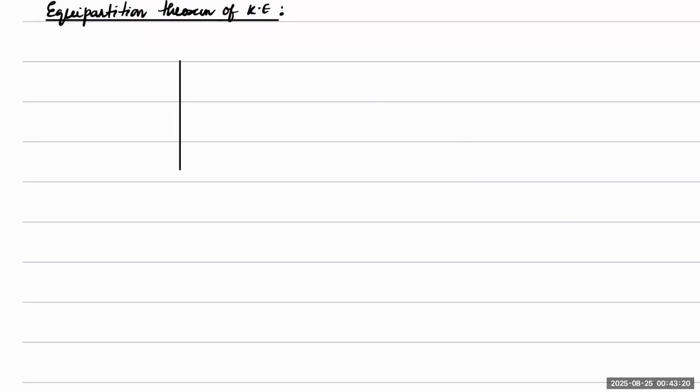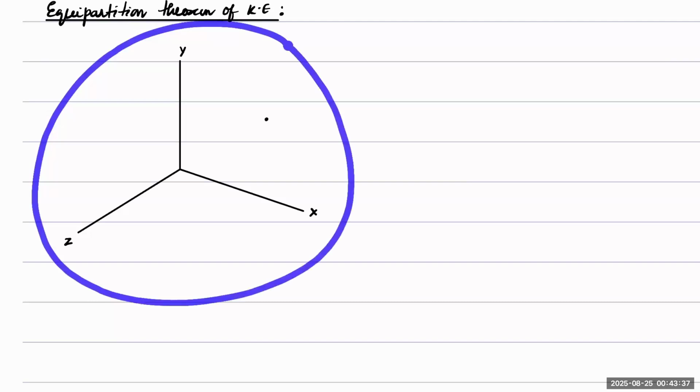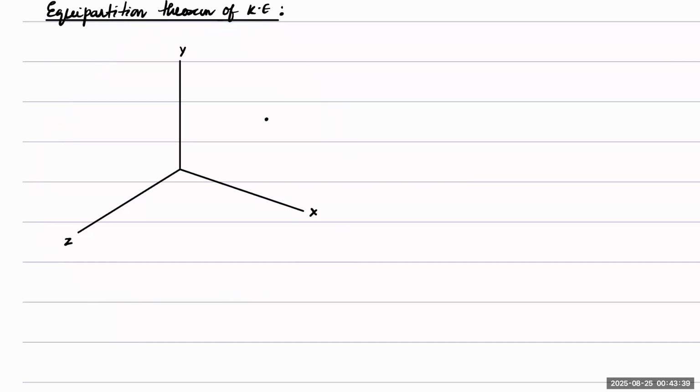See, if we have x, y, z as the coordinates, and imagine there is one particle present in space, and all this is a part of the system only. Within the system, I designated some x, y, z, which means I created one Cartesian coordinate system. Within that, imagine I have a particle.